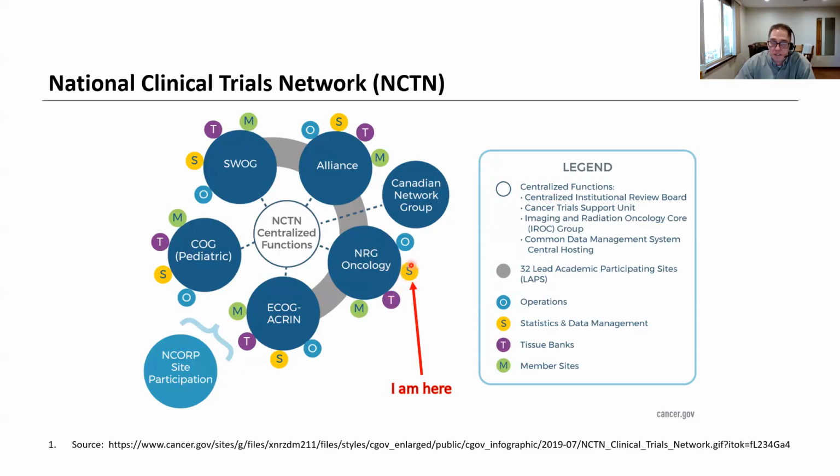There's a statistics and data management center for each group, and an operations center for each group. NRG Oncology in particular has about 1,000 member sites, member hospitals, and upwards of 2,500 participating physicians. So it's a pretty good size group.